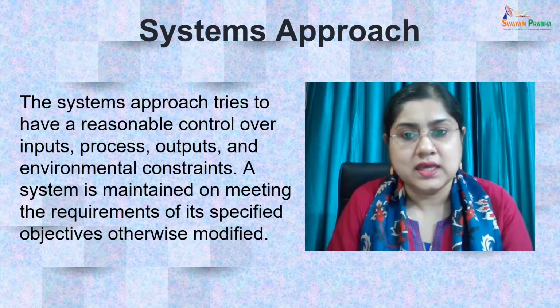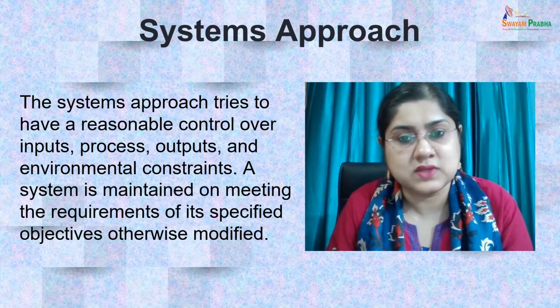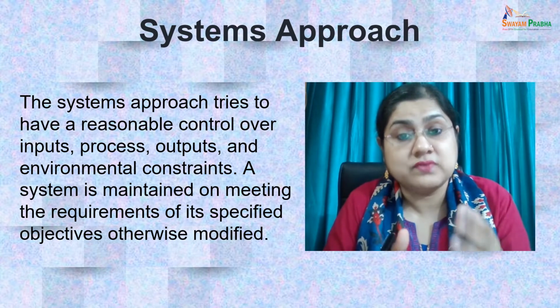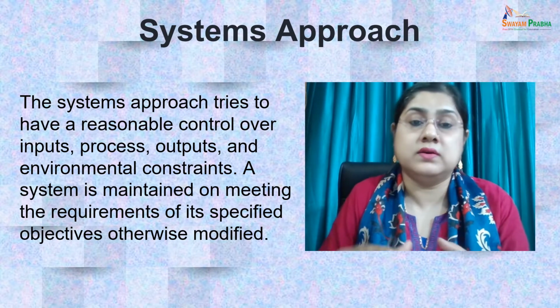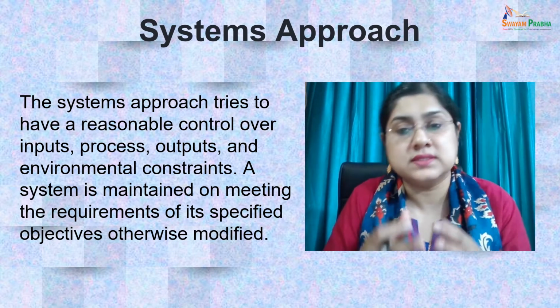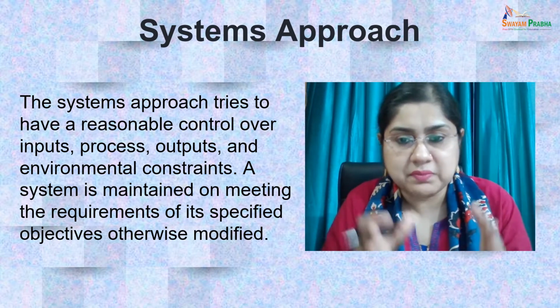We can say that because the objectives are not met, there is a need to modify the system and make it function in a way so that the set objectives can be met.